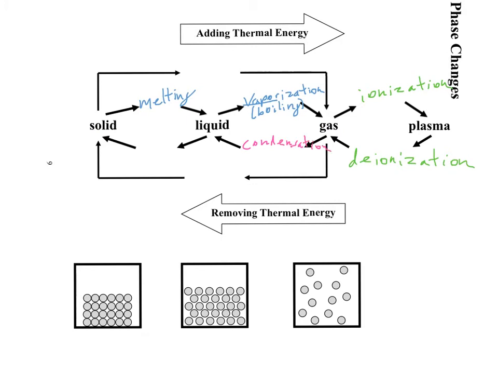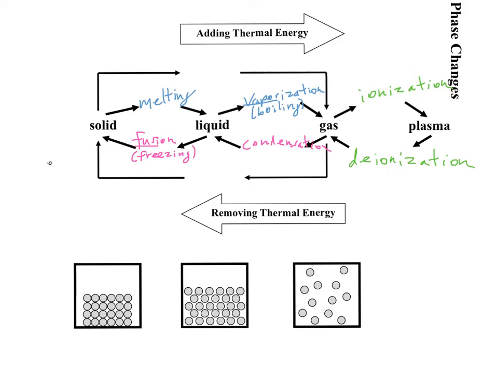That gas is condensing into a liquid form. Then going from a liquid to a solid is fusion or freezing. Those liquid molecules are actually so compacted that they are now fused beside each other, hence fusion.